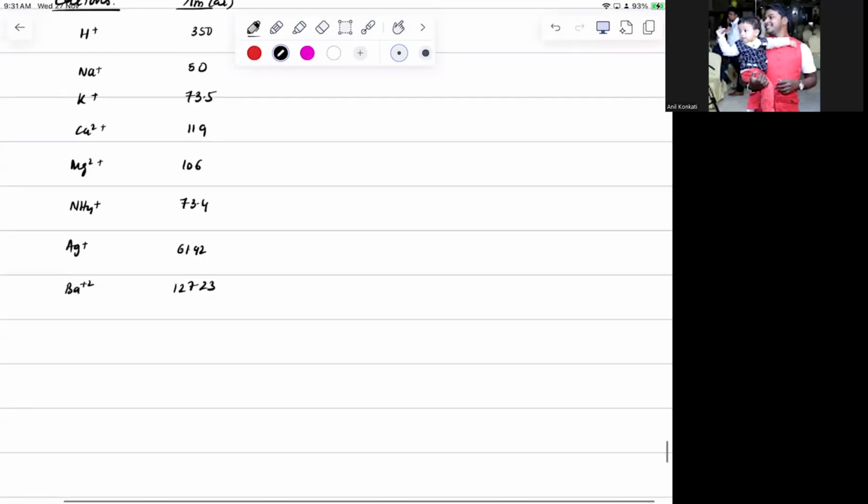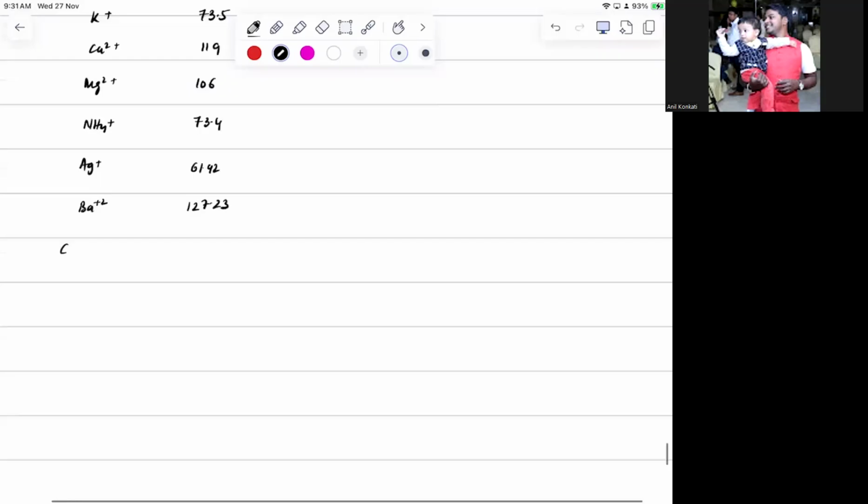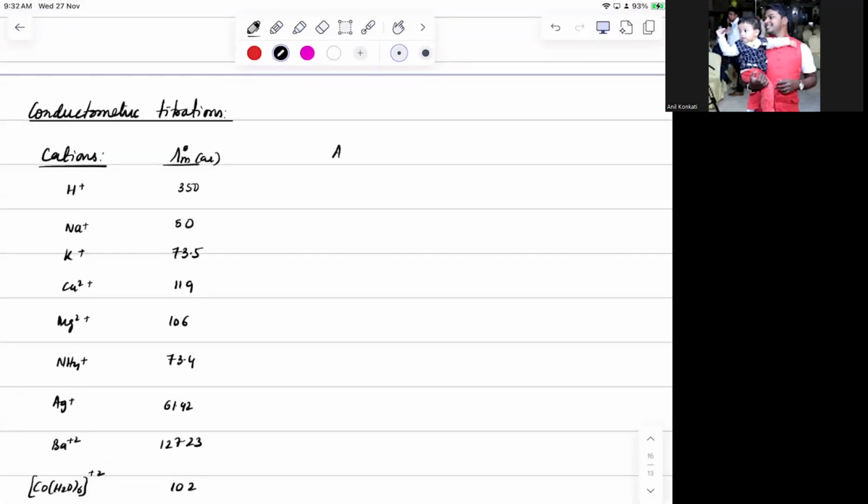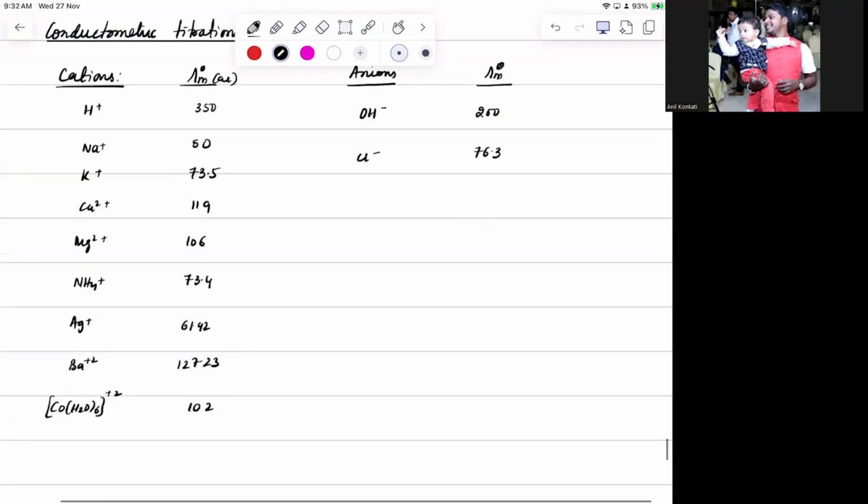If you have a cationic complex, it will also have a good amount of conductivity, like Co(H2O)6 2 plus. For this, the conductivity is around 102. While when it comes to anions, if you compare lambda m naught values, again OH minus is exceptionally high, around 200. Cl minus is around 76.3.